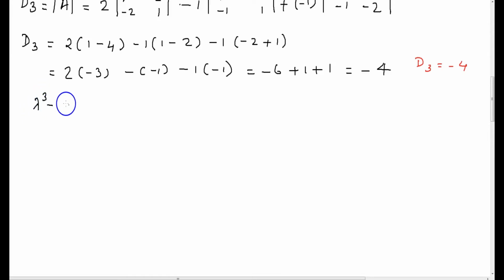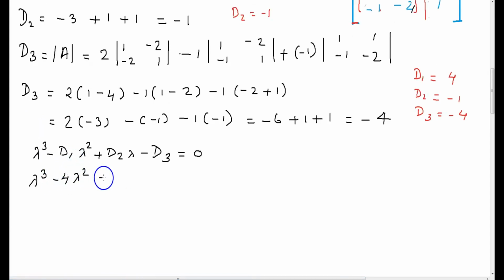We know that the characteristic equation is lambda cube minus d1 lambda square plus d2 lambda minus d3 equal to 0. Substituting the values of d1, d2, d3 in the equation, we get lambda cube minus 4 lambda square minus lambda plus 4 equal to 0.